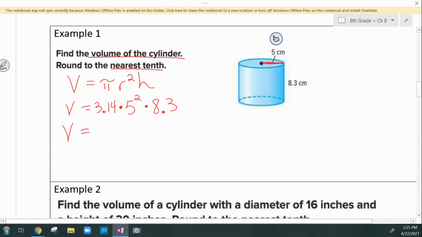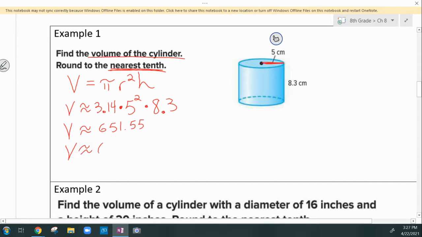Now we're going to plug that into our calculator and get a result. Got my calculator ready, and actually I made a little mistake. Since we're using an approximation for pi, we're not going to get an exact answer. When we type that in, we get 651.55, but we remember it says round to the nearest tenth.